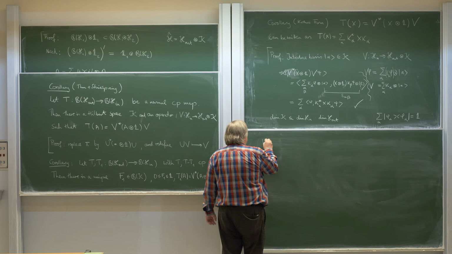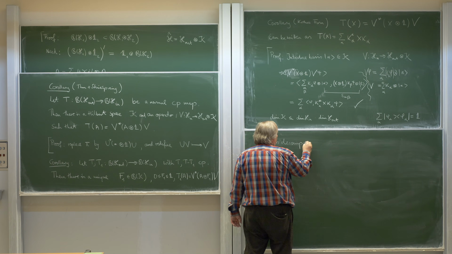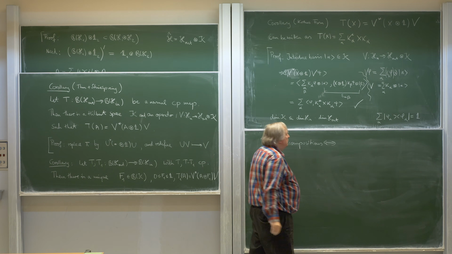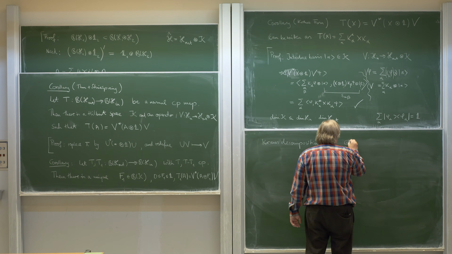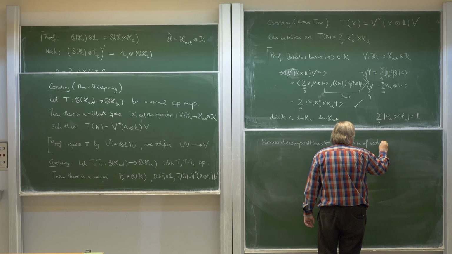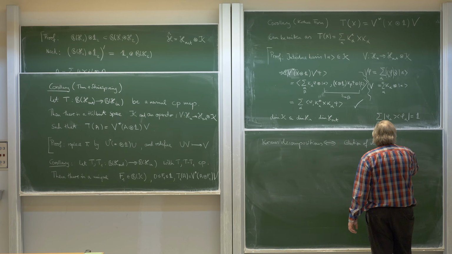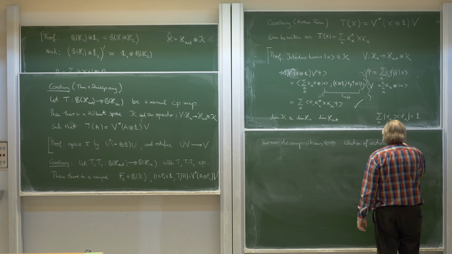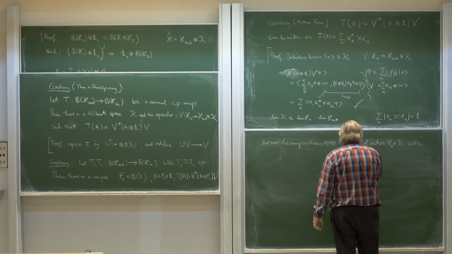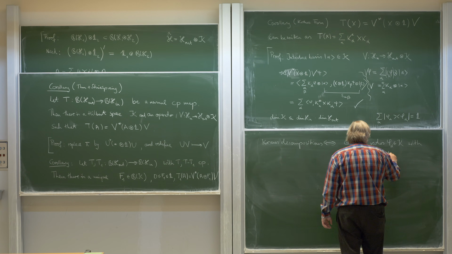So that is Kraus decompositions, in one-to-one correspondence with collections of vectors phi alpha in K, with only the normalization condition that the sum over phi alpha phi alpha star is the identity.